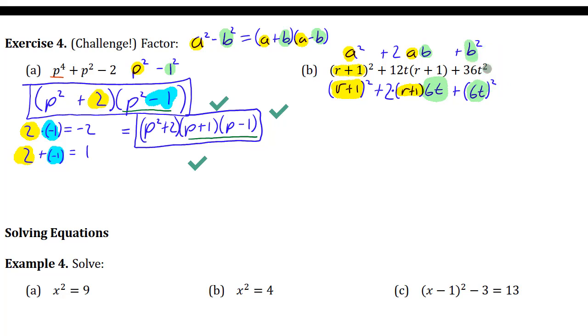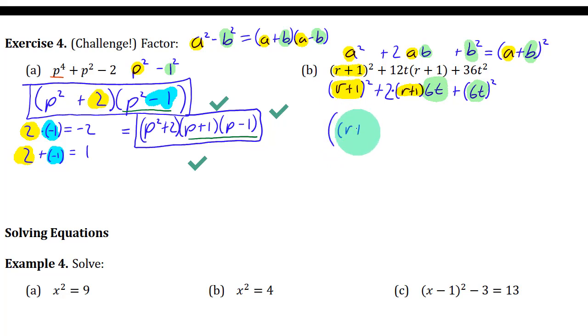Okay, so this is in that form. So if you remember the formula here, this is the result of doing a plus b squared. So let's see. That's the way we're going to write this.